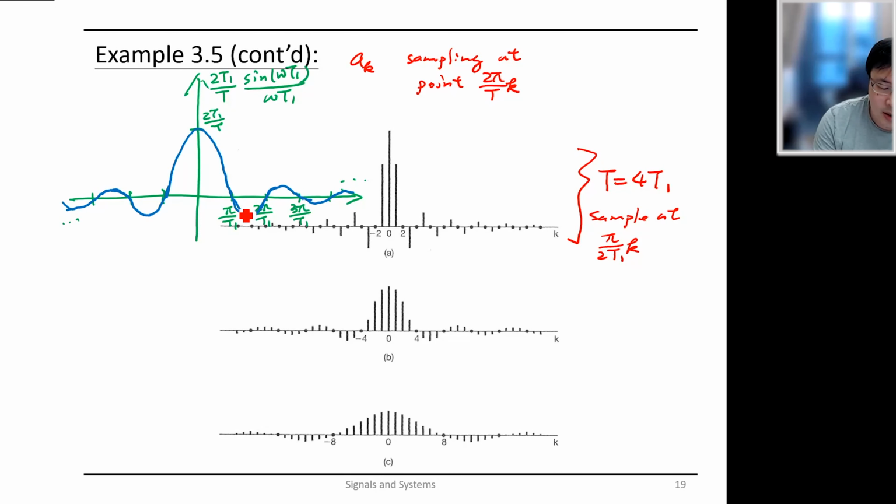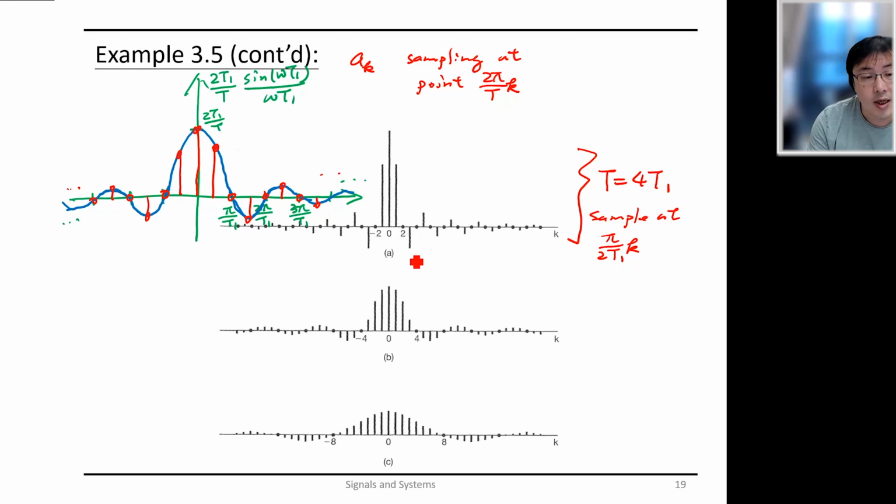Okay, so this is pi over t1. So you sample here, here, here, here, here, here, and here, right? So you sample at these points, okay, and so on and so forth.